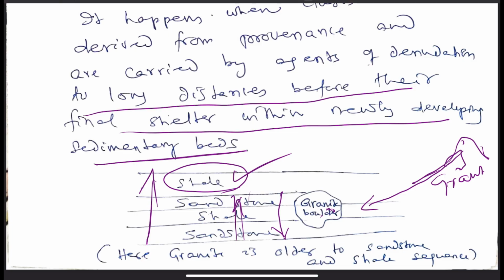So there must be genetic disconnection between the inclusion and the sedimentary formation, so that this foreign rock fragment can be called an inclusion, and it is always older to the sequence of layers that contain them.